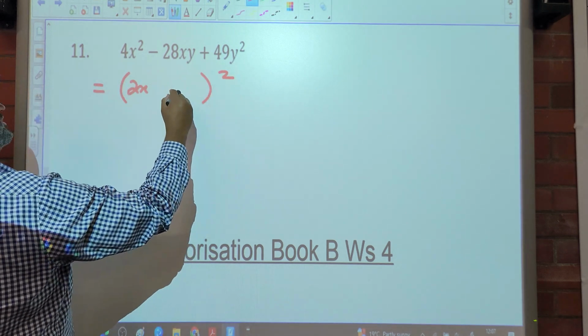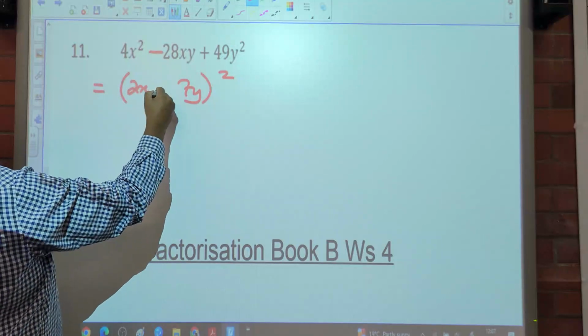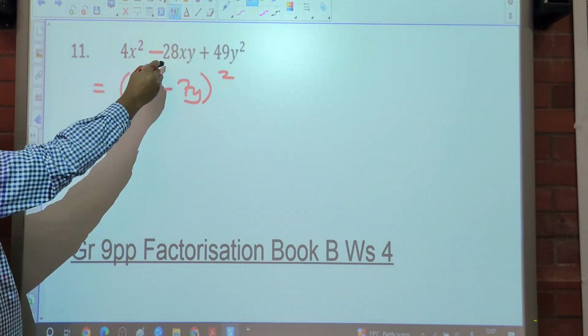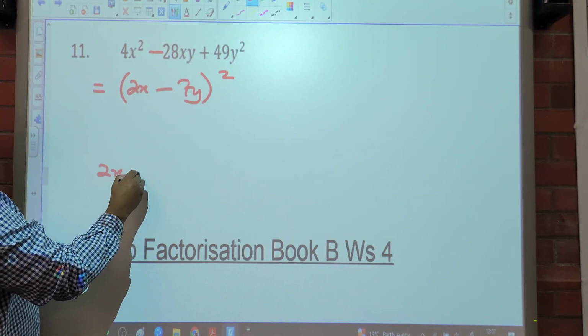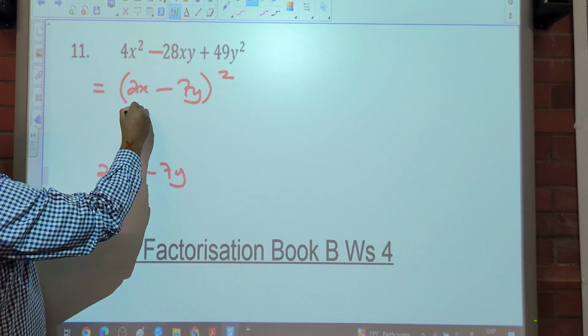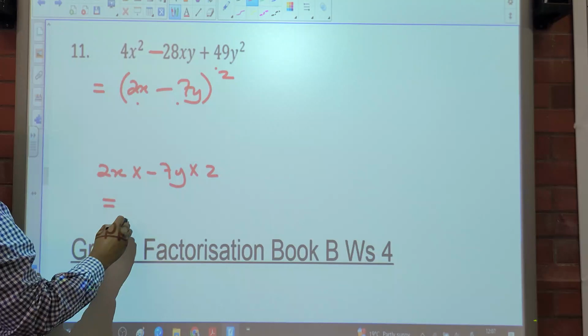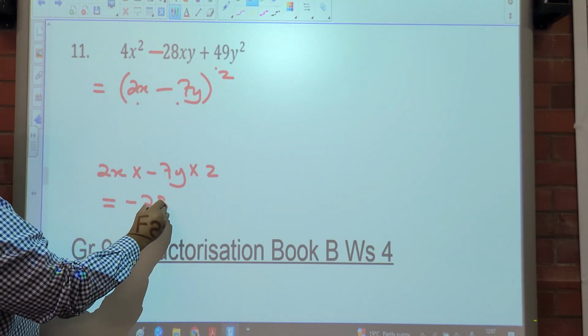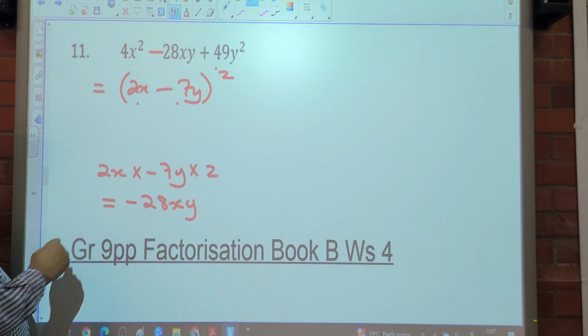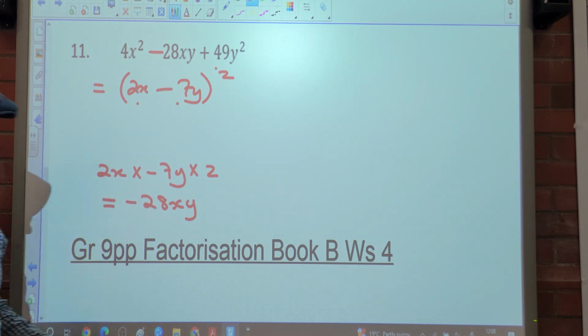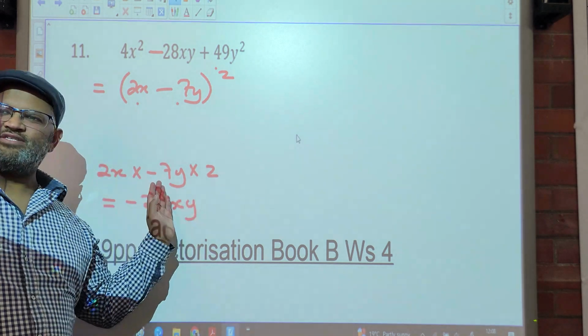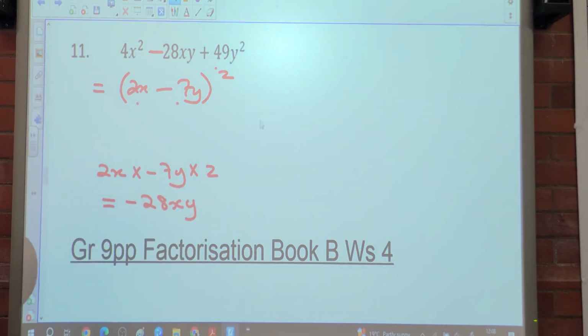Square root of 49y squared is 7y. The sign of the middle term: we need to test if the middle term is in conformance with the middle term there. So it's first term times second term times 2. 2 times 2 is 4, times 7 is 28, with the negative sign, negative 28xy. So it works. Okay. You don't have to show this, we can do this in our heads as well. Okay.